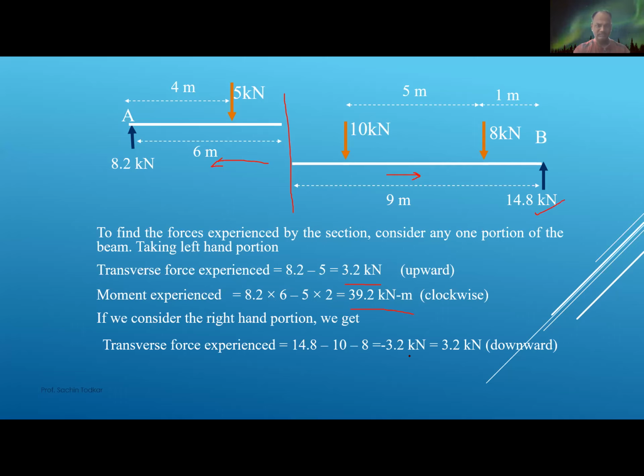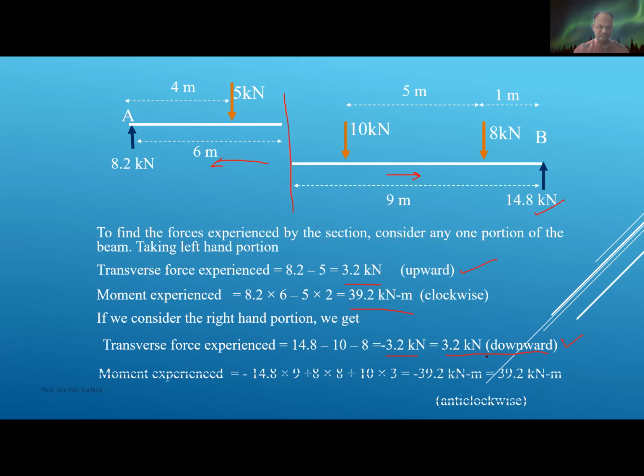It is minus 3.2 kilonewton, which is 3.2 kilonewton in downward direction. You'll see the shear force from left side and shear force on the right side are exactly same and opposite in sign convention. It is upward, here it is downward.